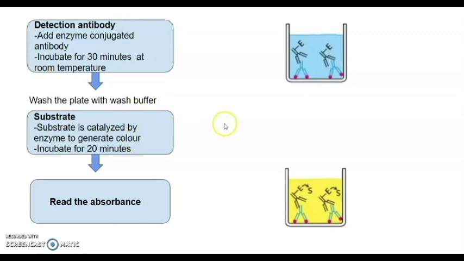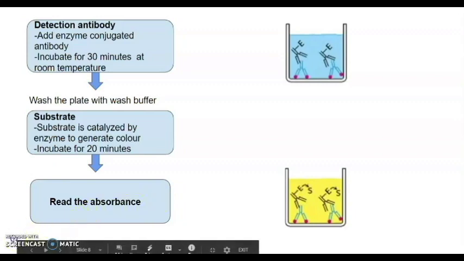The reagents will react to produce a blue color, and this color turns into yellow after we add the stop solution. Finally, we read the absorbance at 450 nanometer with a microplate reader.